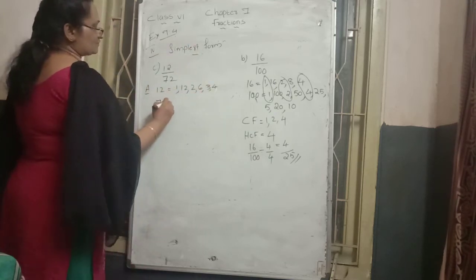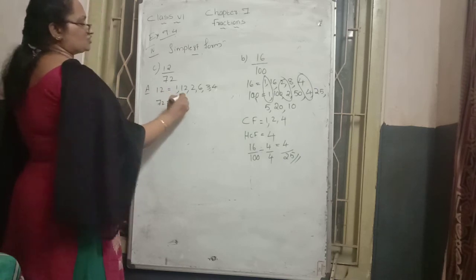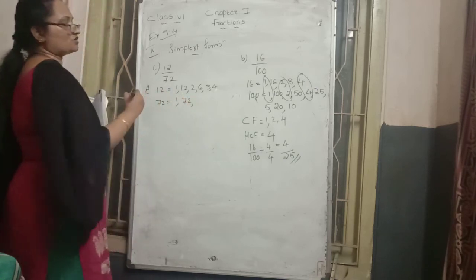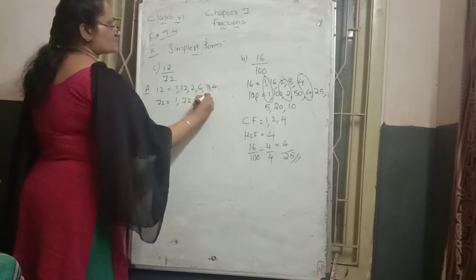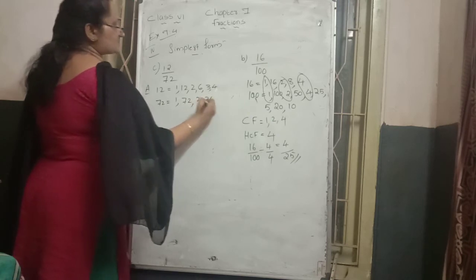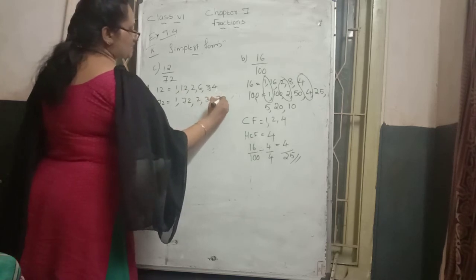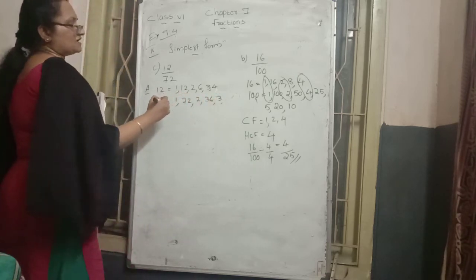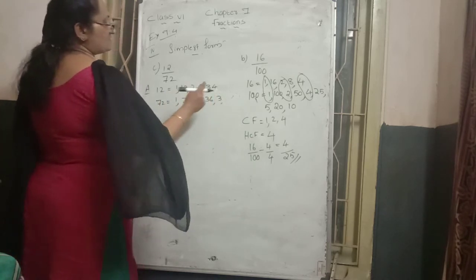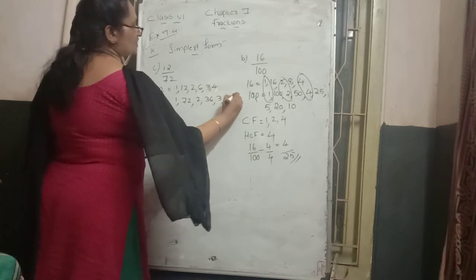Then 72. 1 table 72 is there, and the same way 72 table also. 2 table 72, when it is 36 times. Again here 3 table, 72 is there. Yes, 3 table, we get 24 times.